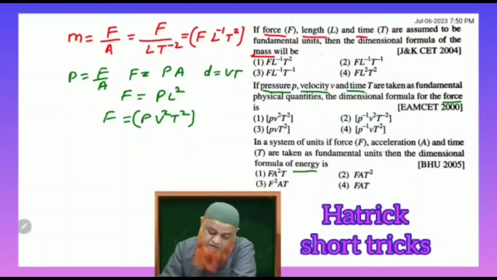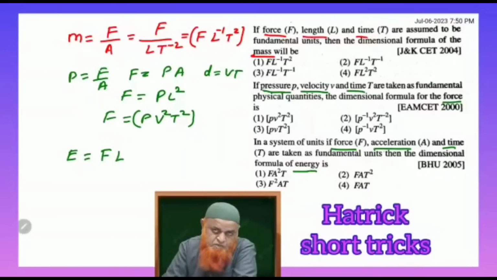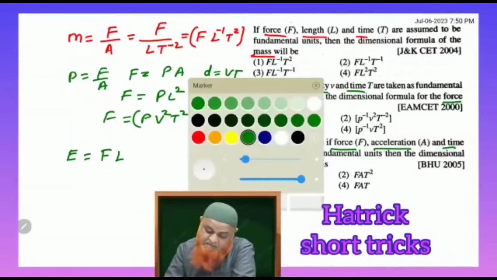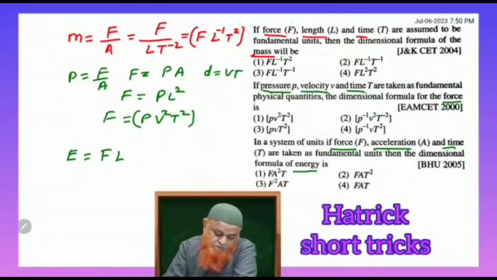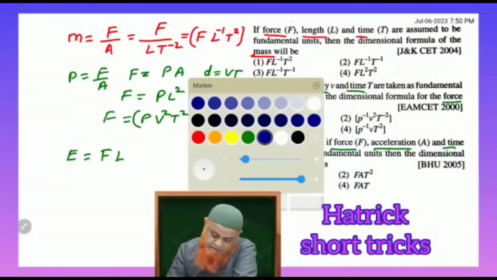Here he is asking us to find out the dimensional formula for energy in terms of force, acceleration and time. So you all know that energy or work done both are having same formulas, that is force into displacement, which is taken as length here. Okay, but here acceleration and time is required here.